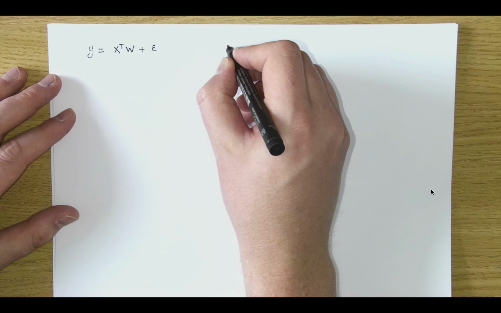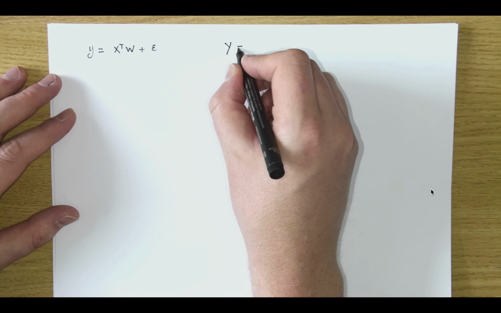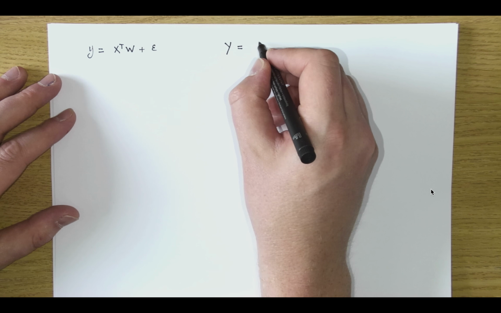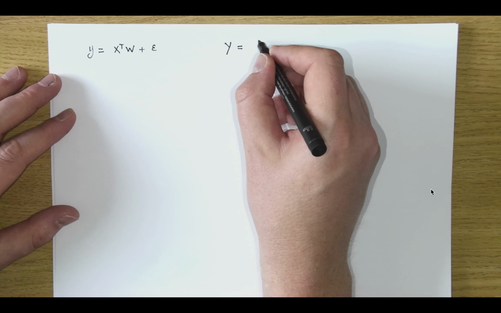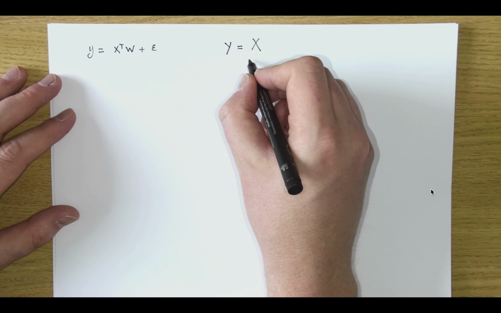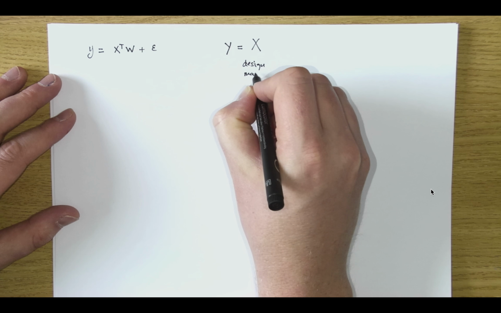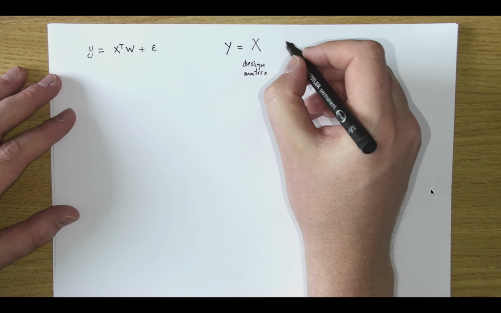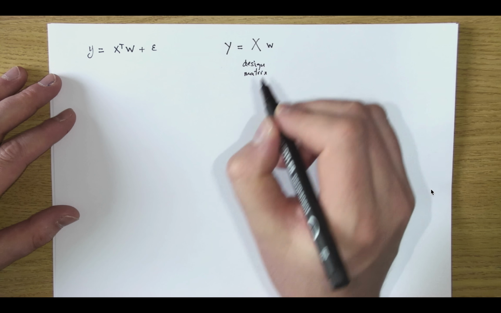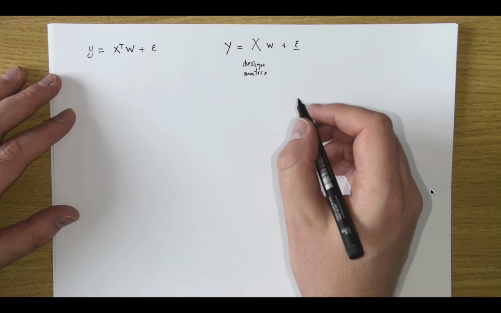If you write that in vector notation for all your outcomes, this is the matrix multiplication between something called the design matrix and your weight vector, and then you have your vector of errors here.